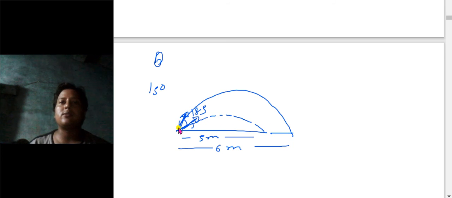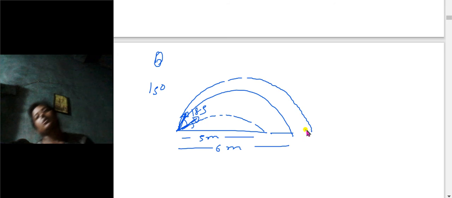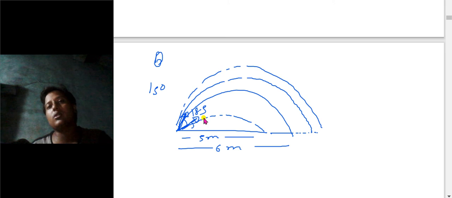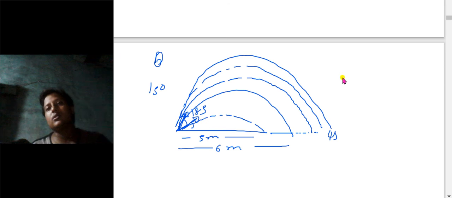Beyond 18.5, the apple does not reach the boat, not reaches the boat, for the largest range at 45 degree.